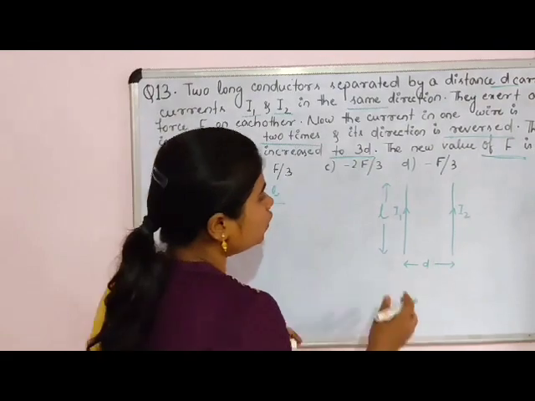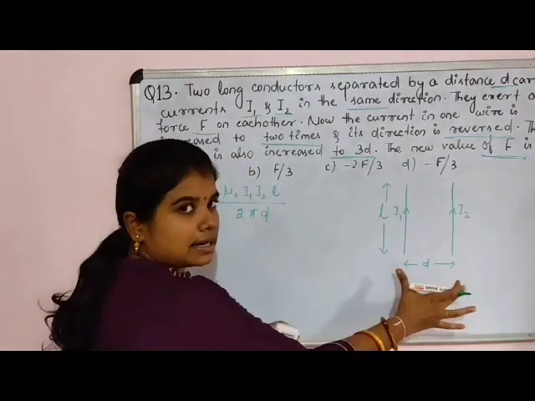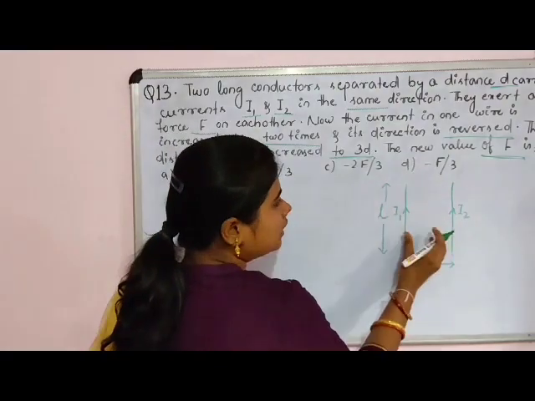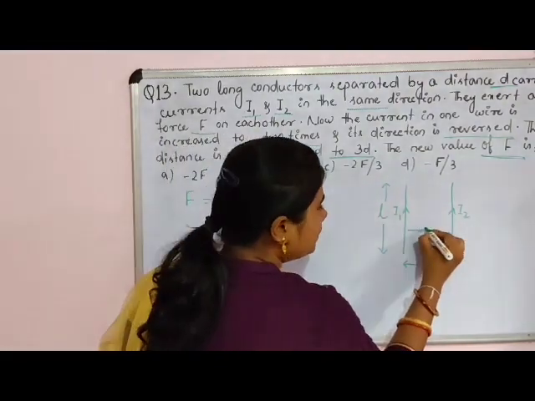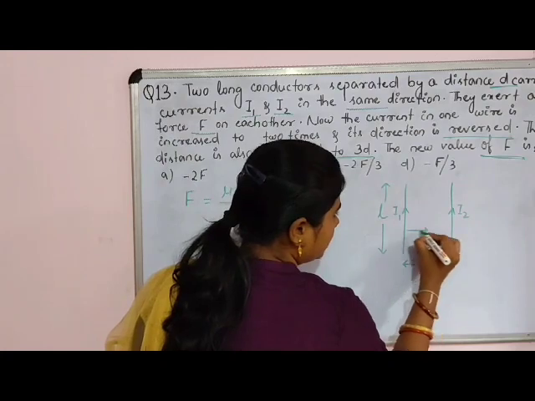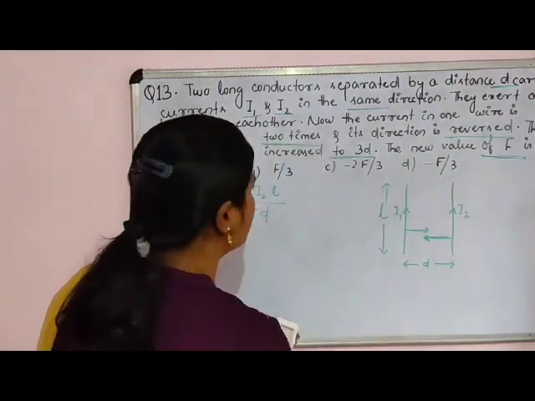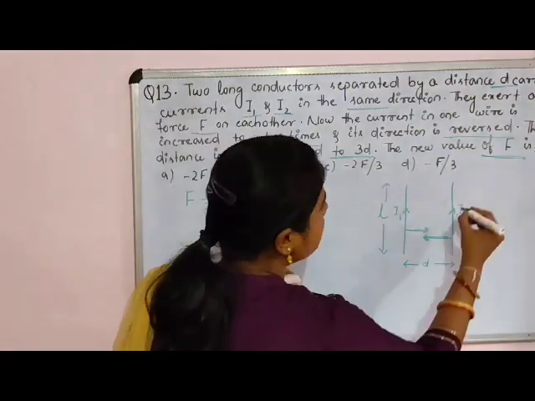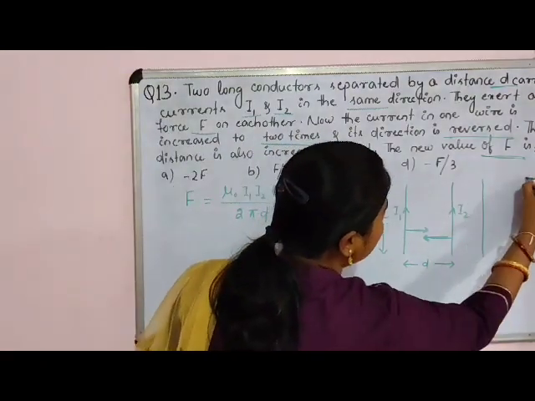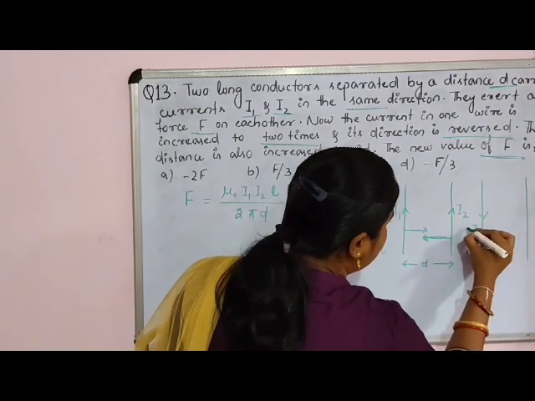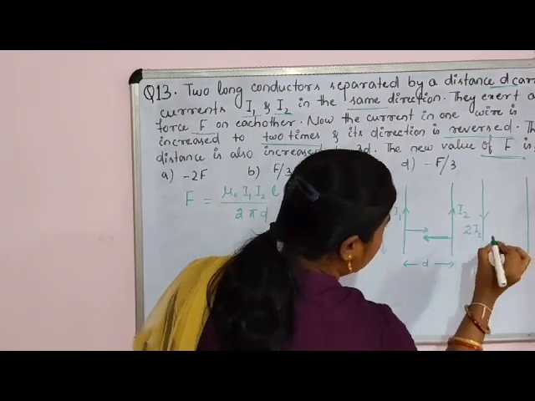Now see, we know that whenever the conductors are parallel and they are carrying current in the same direction, the force acting between these two wires will be attractive in nature, right? They will attract each other. Clear? Okay. Now the second part, it is saying that in one of the wires, the current is reversed and also increased to twice.